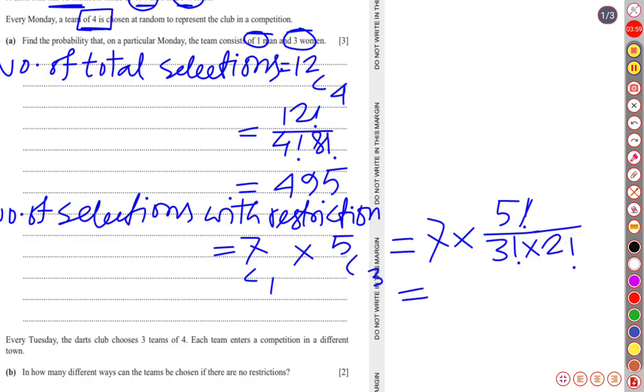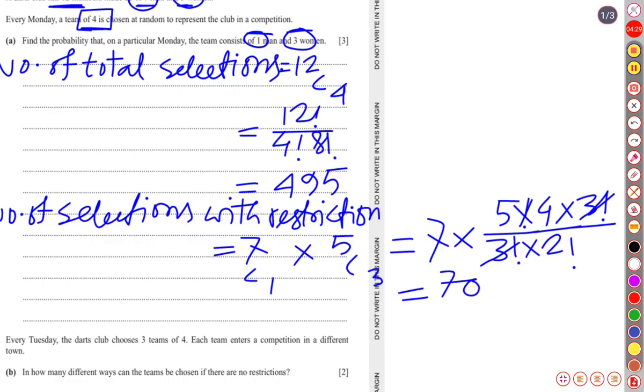Let us expand 5 factorial: 5 into 4 into 3 factorial. I am doing it manually; actually you can use a calculator for shortcut. So 3 factorial cancels with the other one, and 2 factorial means 2. So 20 divided by 2 is 10. So it is going to be 7 tens, which is 70.